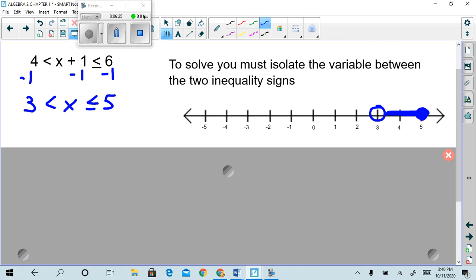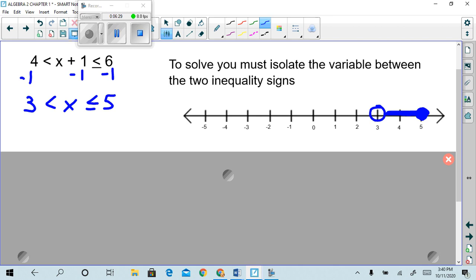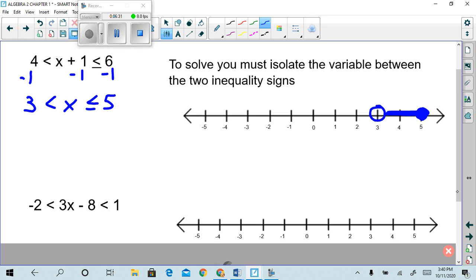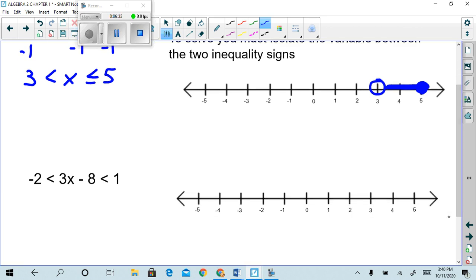Let's look at a second example. In my next one, I have 2 steps to isolate the variable. I'm first going to add 8 to both sides. That's going to give me 6 is less than 3x, which is less than 9.